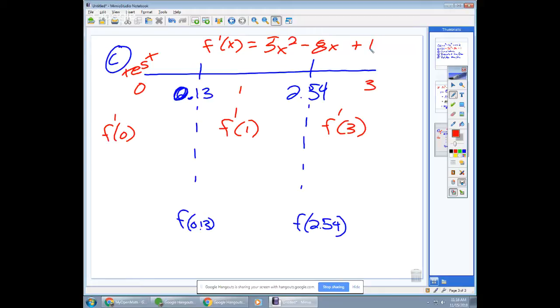If we plug 0 in there, the first derivative is positive. That means the function is increasing. This is typically what my notes are going to look like: I evaluate the first derivative, make a note of increasing or decreasing, and draw myself a little arrow. If we plug in 1, we get 3 minus 8 plus 1, which is a negative number.